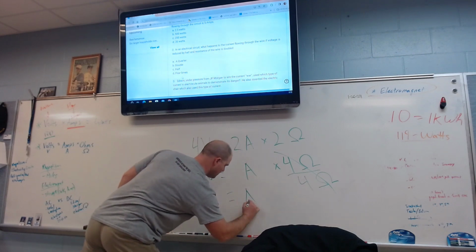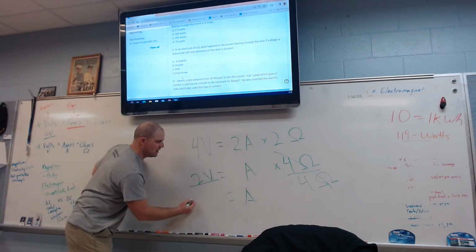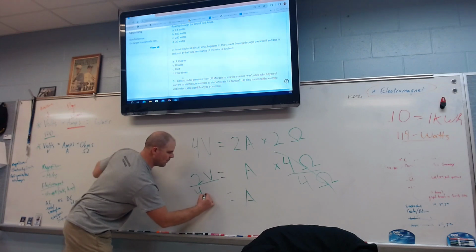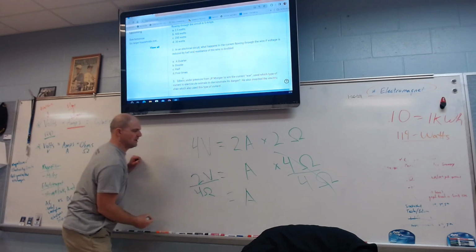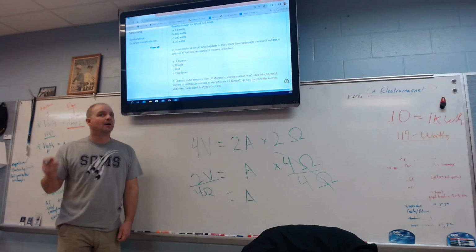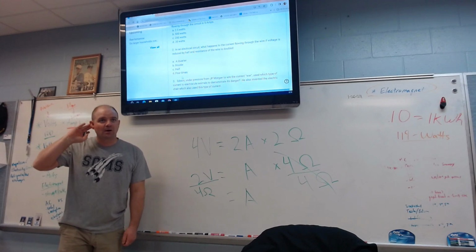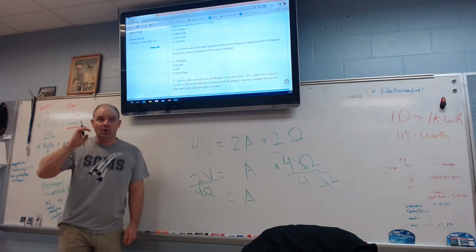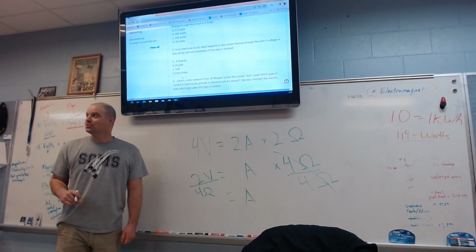We're solving for amps. 2 divided by 4 is, what's 2 divided by 4? A half.